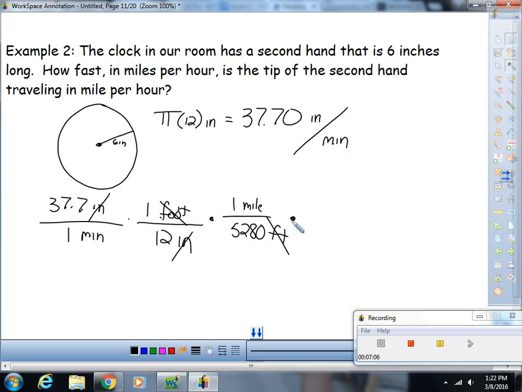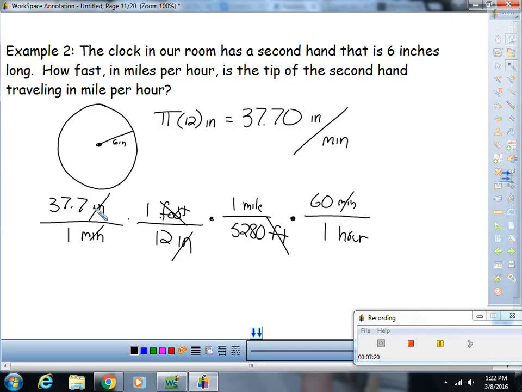So I'm going to multiply by another form of 1. And now I want to get rid of minutes. So I want 60 minutes in 1 hour. And now our minutes are gone. So this is how you translate inches per minute to miles per hour.